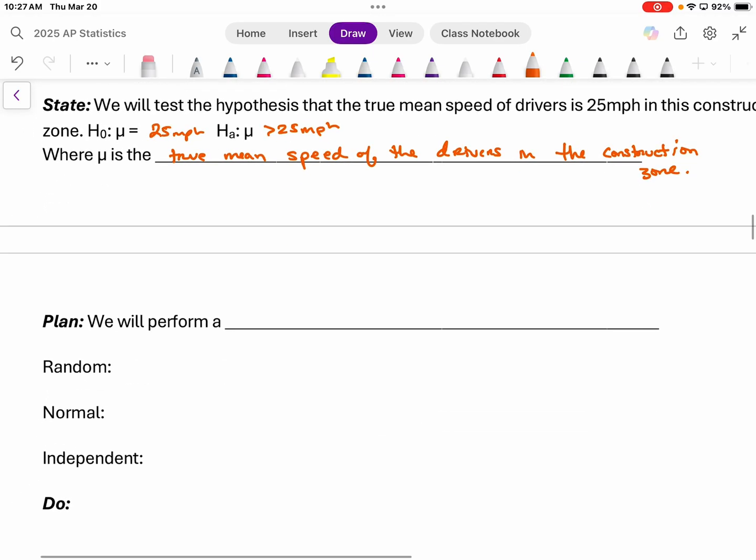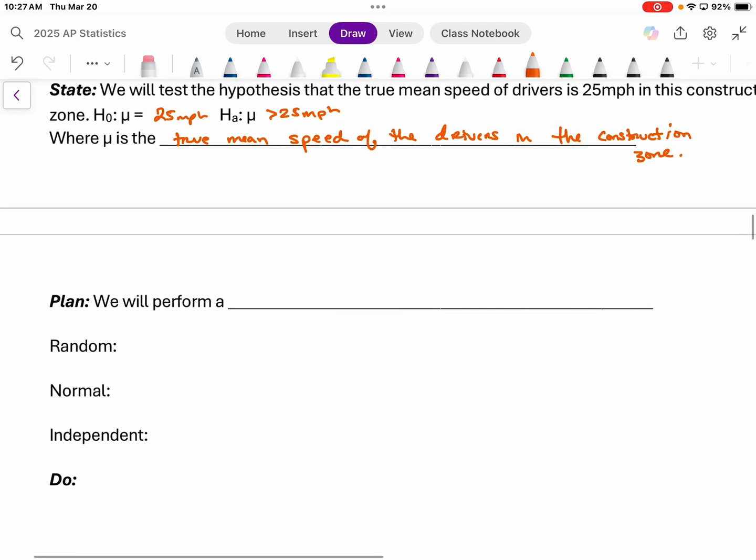I'm going to scooch that up a little bit. Now, what are we going to do? We will perform a 1 sample t-test for means if conditions are met.